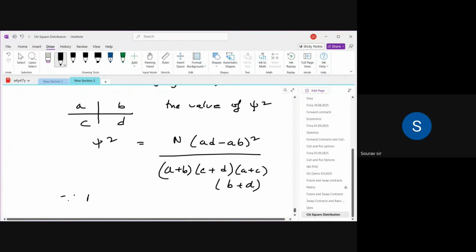And here, what is N? N is A plus B plus C plus D.